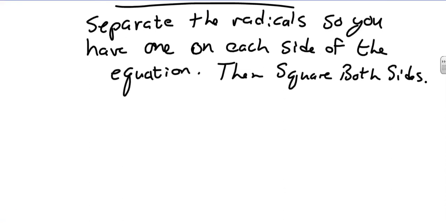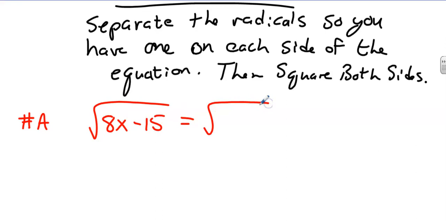Alright, so here we go. We'll start you off with one already separated, and then we'll do the next one with that. So let's do 8x minus 15 on one side, and 6x minus 3 on the other side.